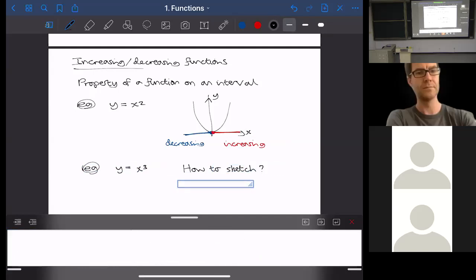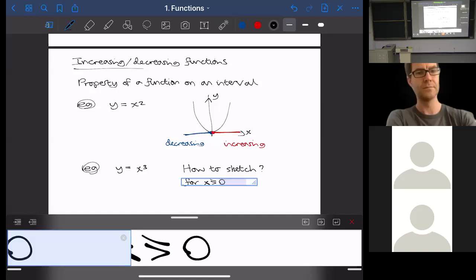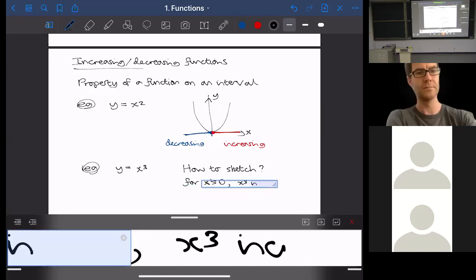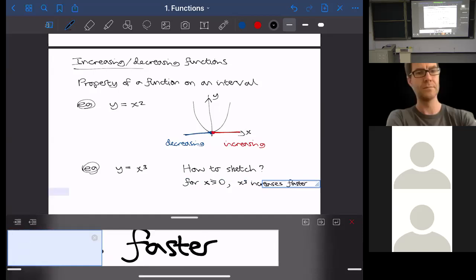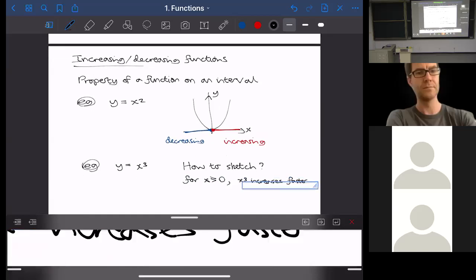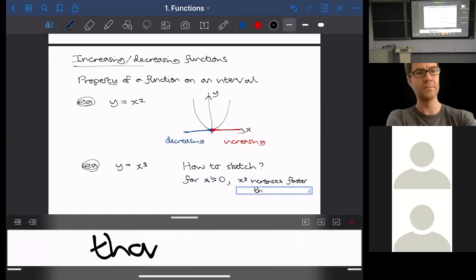Well, first thing, for x positive, we know that x cubed increases faster than x squared.